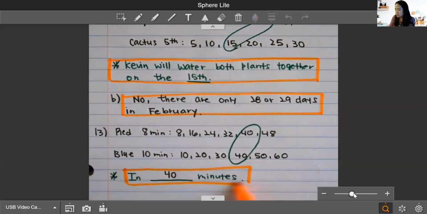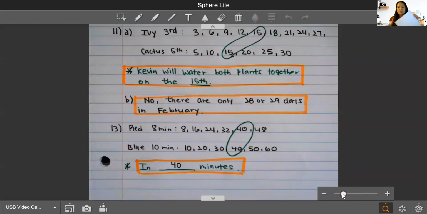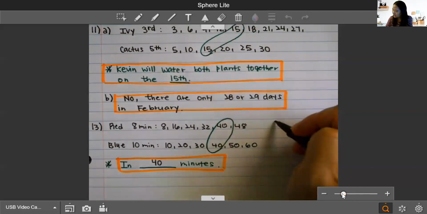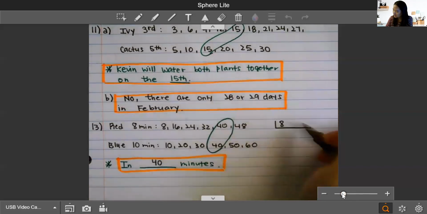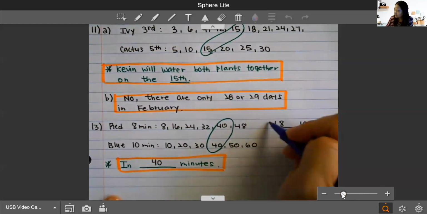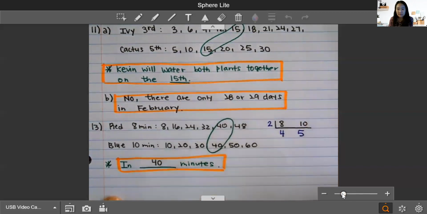Now, just so you know, what if we were to use the ladder method to solve that same problem? I'm going to demonstrate solving that using the ladder method as well. I'm going to find the least common multiple of 8 and 10. I'm thinking about a common factor and I think I'm going to divide by 2. It goes in 4 times and 5 times.